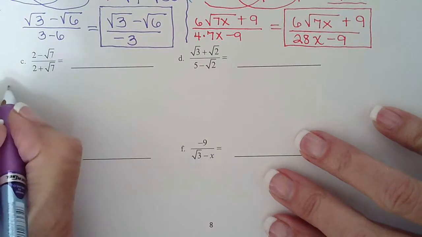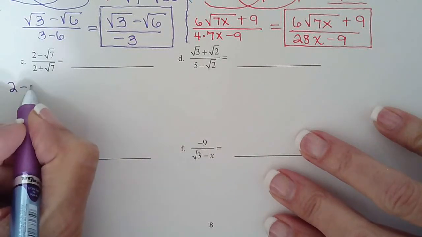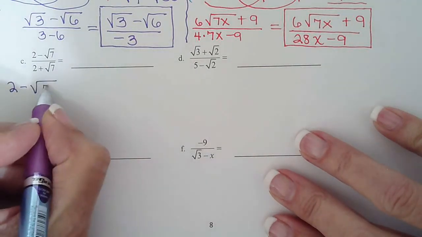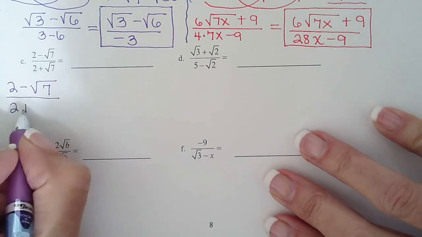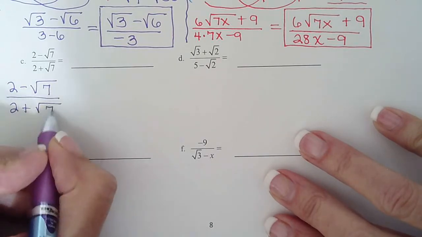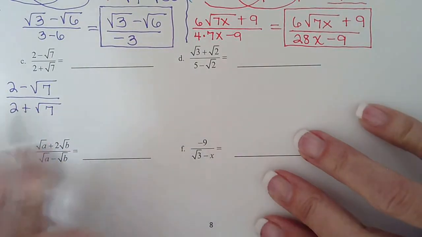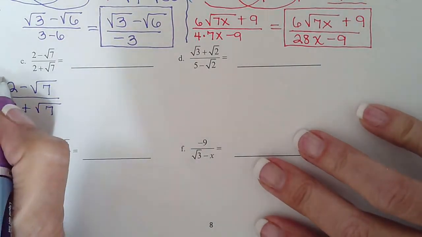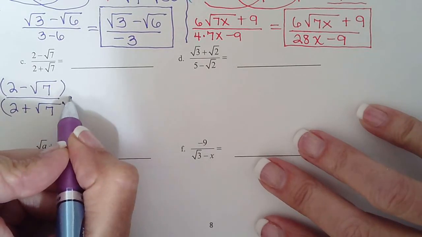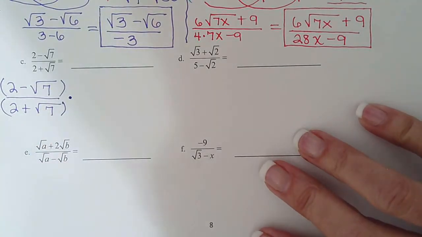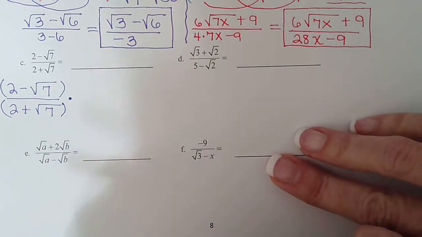So this one, C, is a little bit more complicated because we have 2 terms in the numerator. I think the one on the final is more like this one, where you have 2 terms in the denominator and 2 in the numerator. So everything needs to be in parentheses since we're getting ready to multiply. And we need to multiply by the conjugate.